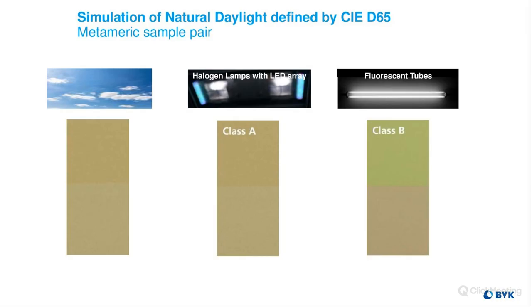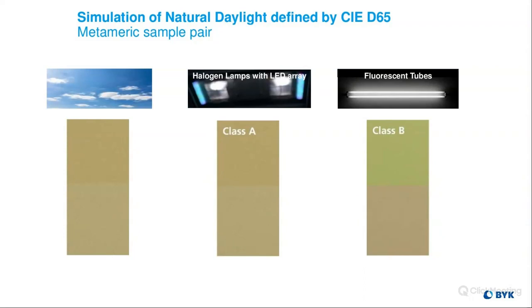So what does that look like? We can see that here. So under real daylight, this is a special metameric sample pair where you can tell under different classes. Essentially a D65 indicator. So if you have a perfect light source for daylight, you should see a perfect match between the top and the bottom of these samples.